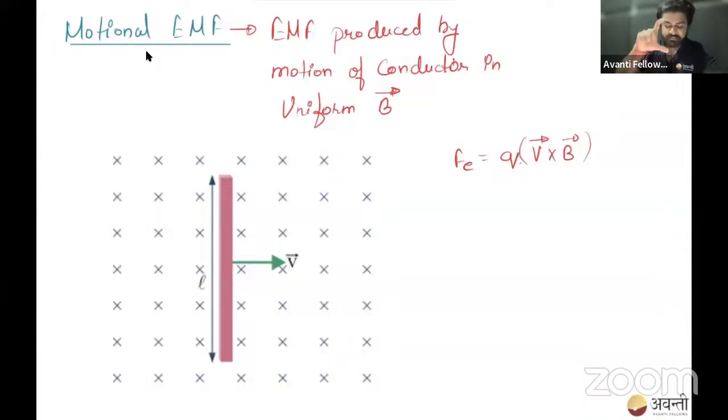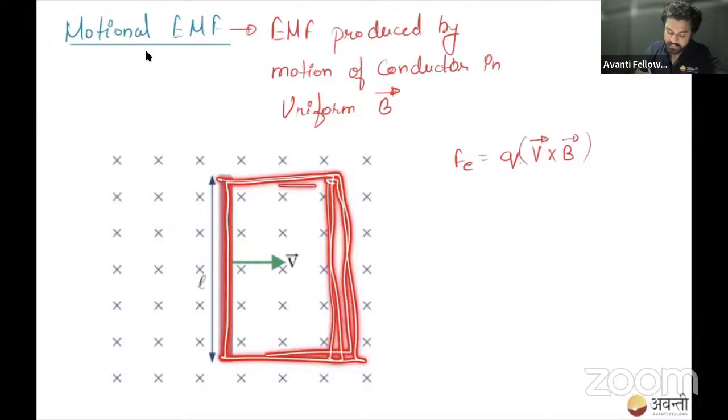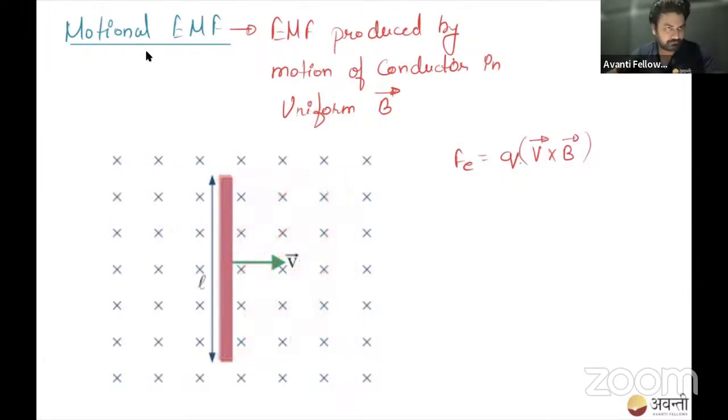But here also, this conductor is crossing this magnetic field. In some time t, let's say it will come here, so it has already covered this much area, meaning it has faced this much change in flux. For example, at time t equal to 0 it was here.